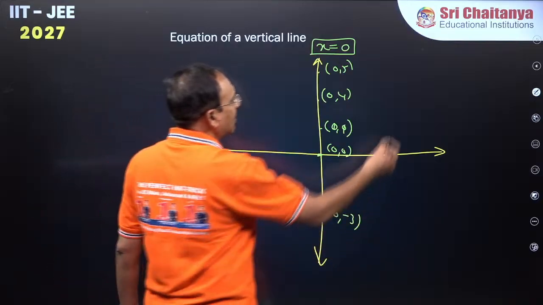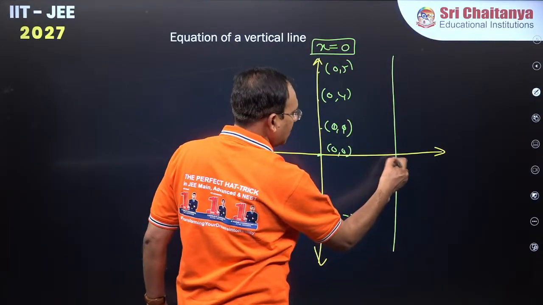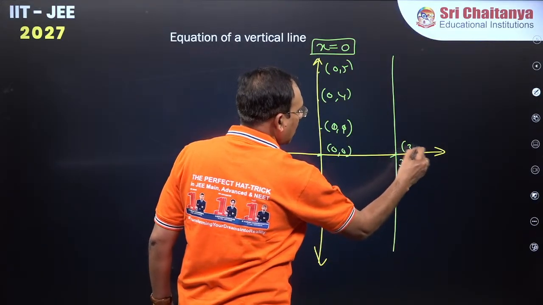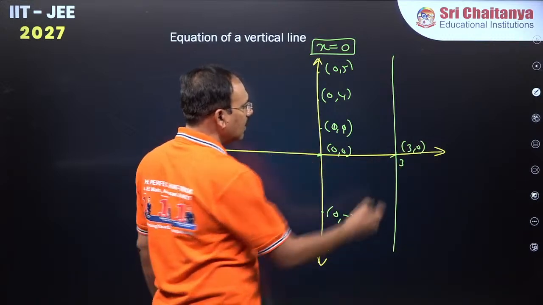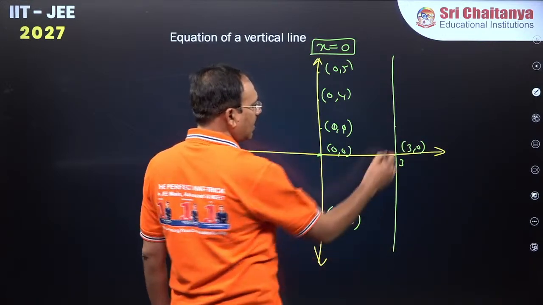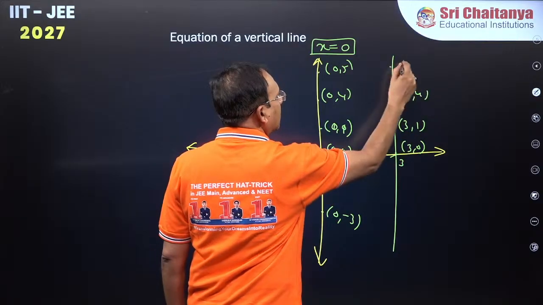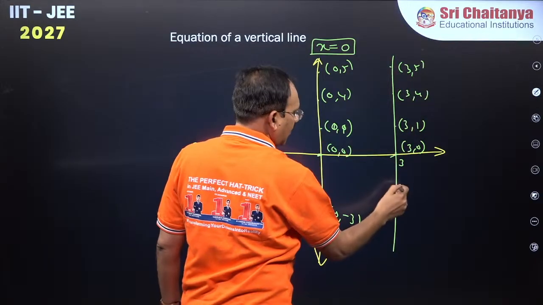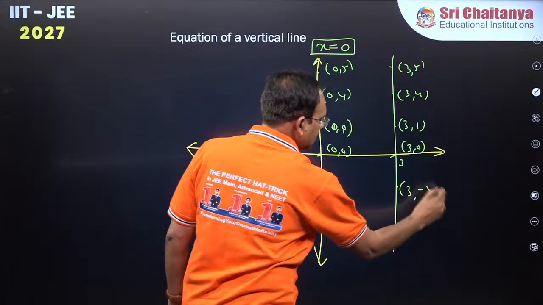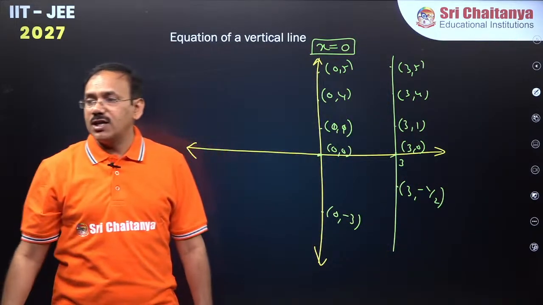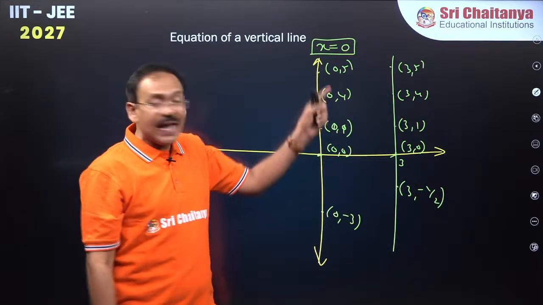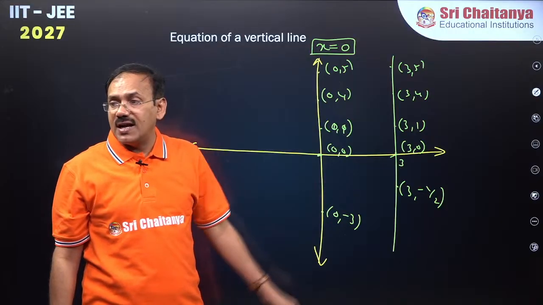So let me take another vertical line here at 3, guys. This is (3, 0). This is, you can say, (3, 1), (3, 4), (3, 5), (3, -1/2), like this. For every point on it, what is your observation? Your x coordinate is equal to 3, guys.